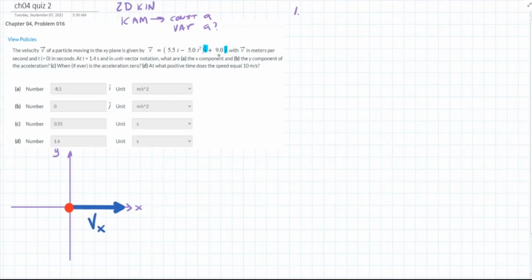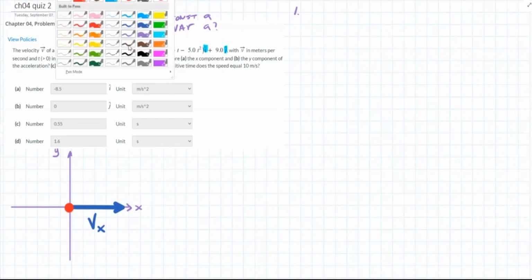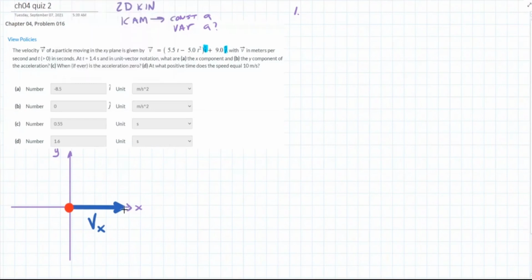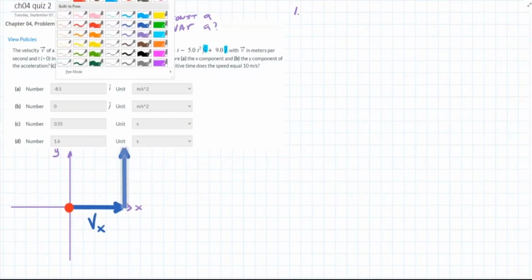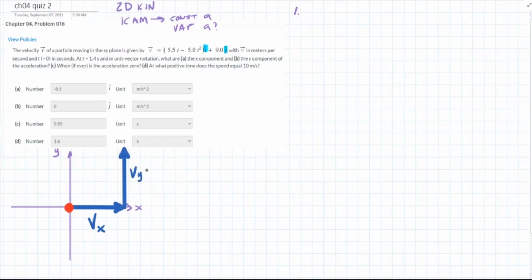And then it's going to have some y velocity component. So I'm going to label that as just some y velocity component, Vy.